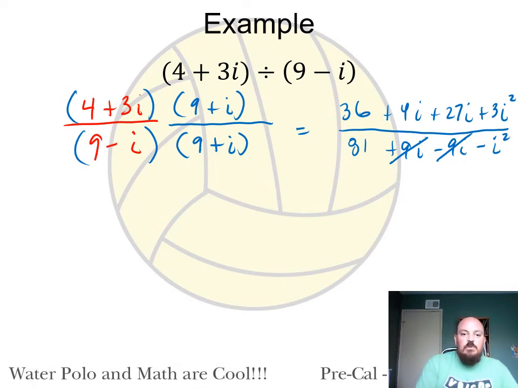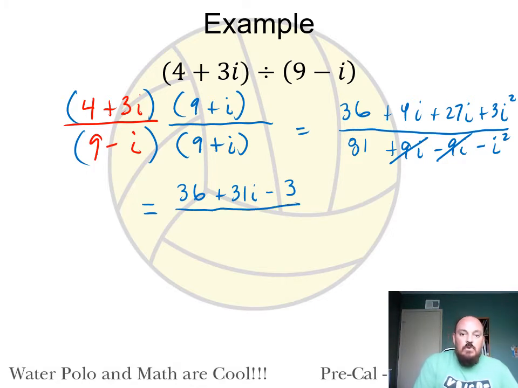So if we clean this up a little bit, on top we have 36. If we combine our middle terms, we have plus 31i. And then that i squared will be negative 1, so that'll end up being minus 3 on top.